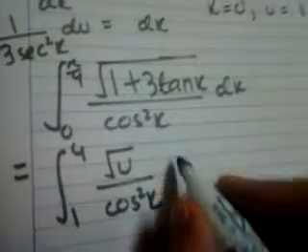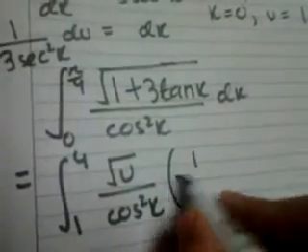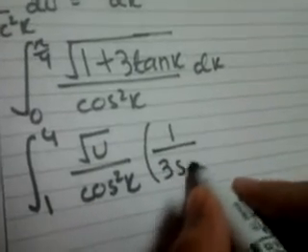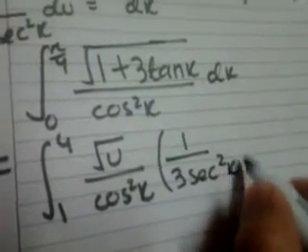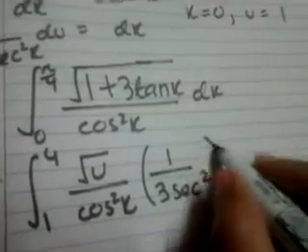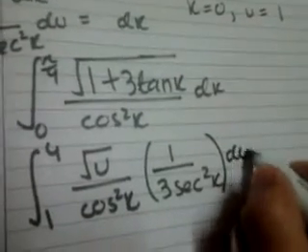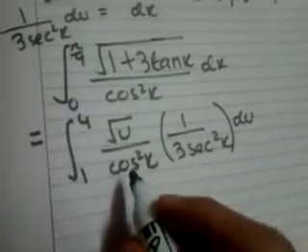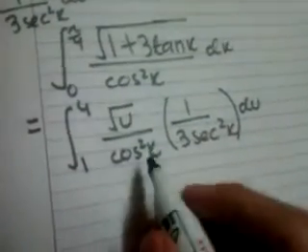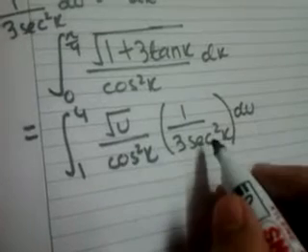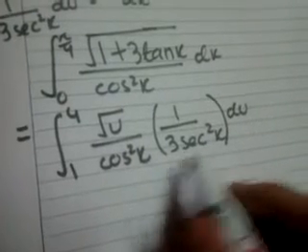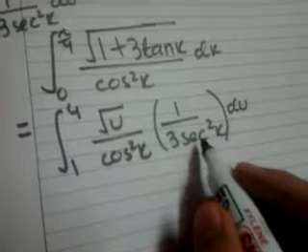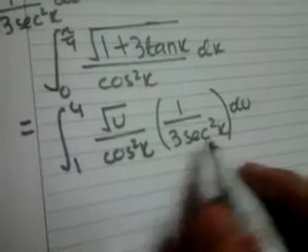And we can't do anything about the cos squared x, so let's put this as it is. And what's dx? dx is this term here, so this is 1 by 3 sec squared x du. So we have replaced everything, and as you can see, you may say this is creating a problem, but cos squared x times sec squared x is 1, because sec squared x is 1 by cos squared x, so these two will cancel each other out.